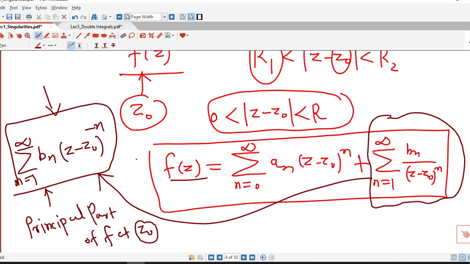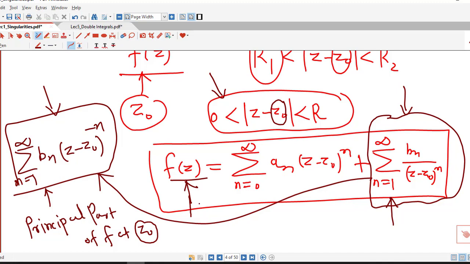Depending on the behavior of this principal part, our point z0 will be characterized by different types of isolated singularities. If our function is analytic in this deleted neighborhood of z0, the function has a Laurent series expansion there, and whenever we have a Laurent series expansion, we may have negative powers of z - z0. Depending on the function, the principal part may be different.